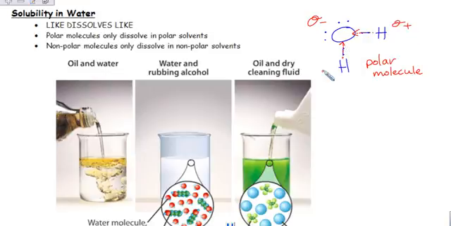That leaves the hydrogens as partially positive. All right, so that's what it means to be a polar molecule. There's a region that's partially negative and a region that's partially positive. With water being our most common solvent, we'll definitely need to know that water is a polar molecule.